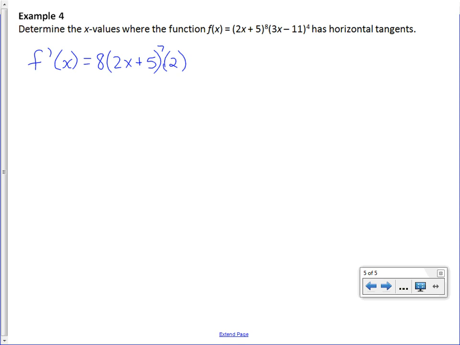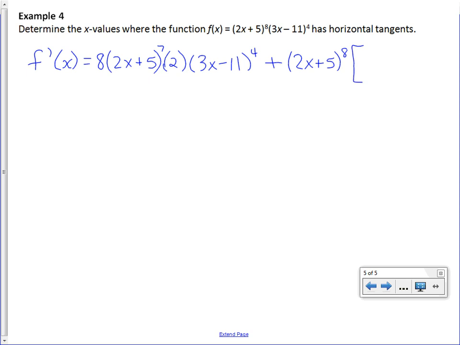second. Copy the second. 3x minus 11 to 4. What sign comes next? Plus. The first. You copy the first. Times derivative of the second. Derivative of 3x minus 11 to the 4, or blah to the 4.